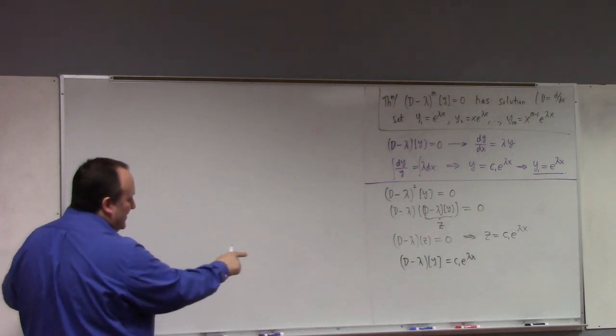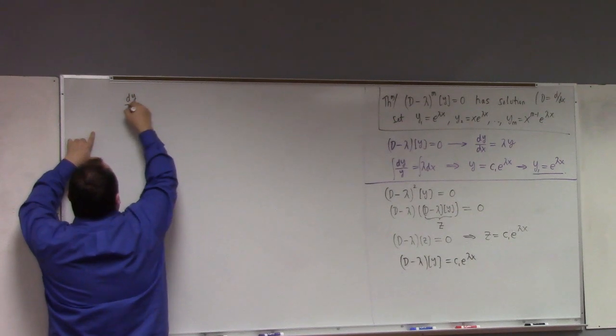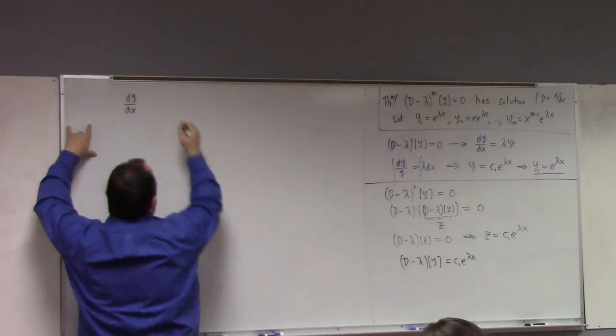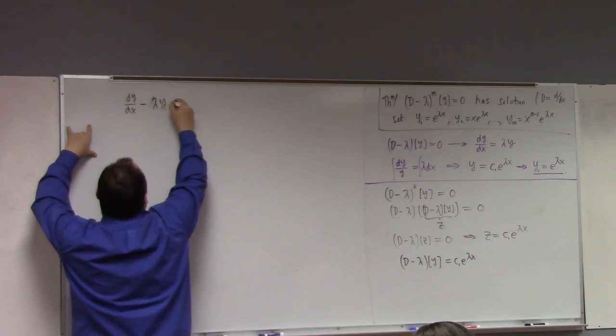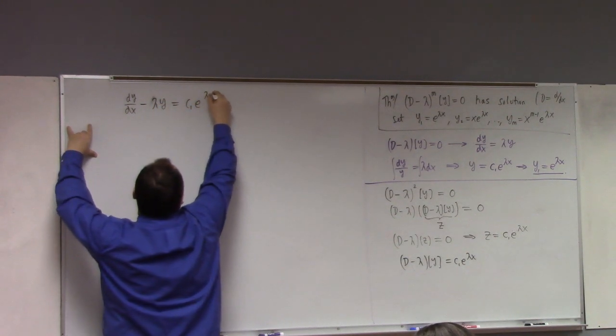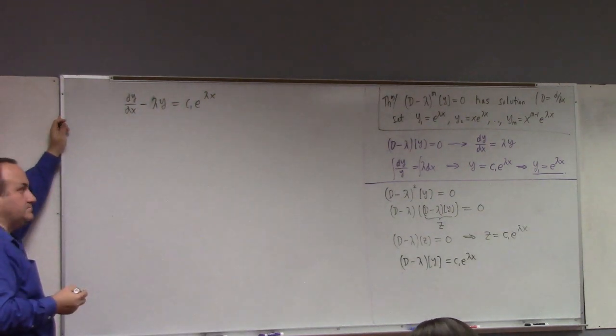Anyway, so here, that is what? That's dy/dx minus lambda y equals c1 e to the lambda x. Can we solve this problem?